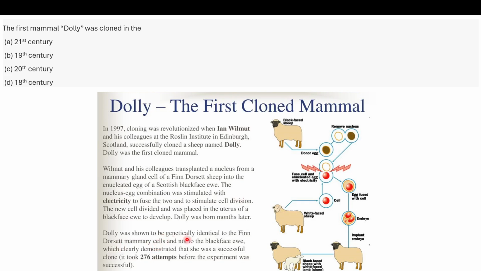So Dolly was shown to be genetically identical to the Finn Dorset mammary cells and not to the Blackface ewe, which clearly demonstrated that she was a successful clone. But it actually took 276 attempts before the experiment was successful. So the question wanted to know, it was around 1997, so the answer will be the 20th century.